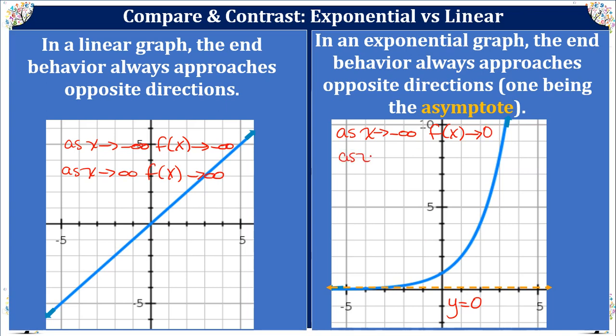On the right side of the graph, as x approaches positive infinity, as our x's get larger, our output, our f of x, also gets larger. So note that when you're doing end behavior for exponentials, either the left side of the graph or the right side of the graph will approach the asymptote.